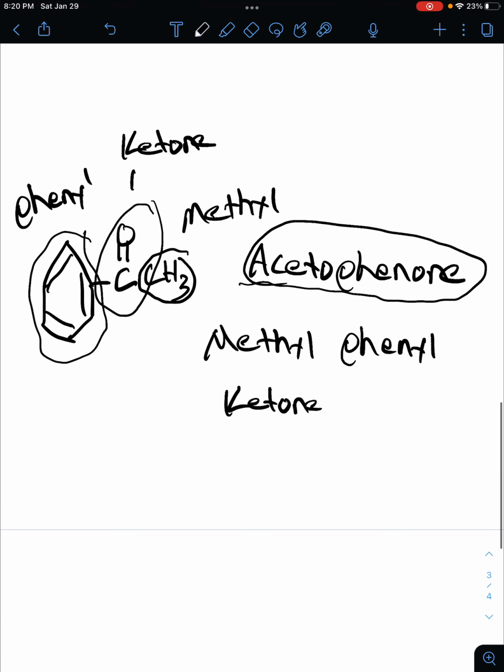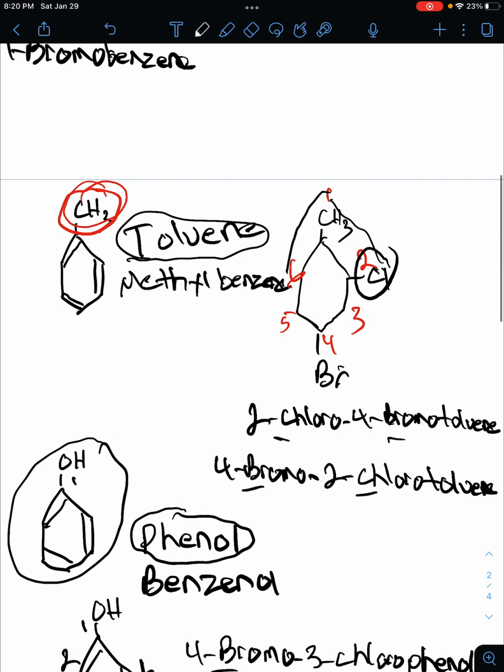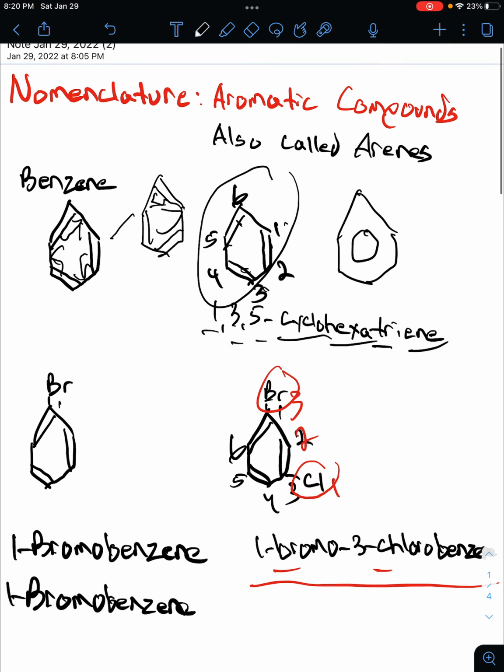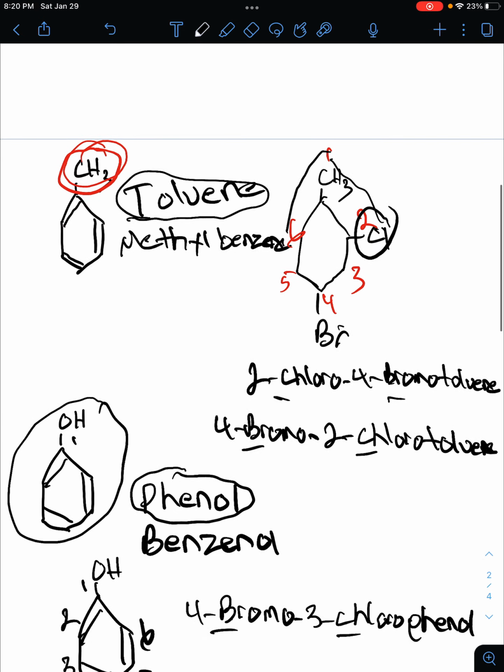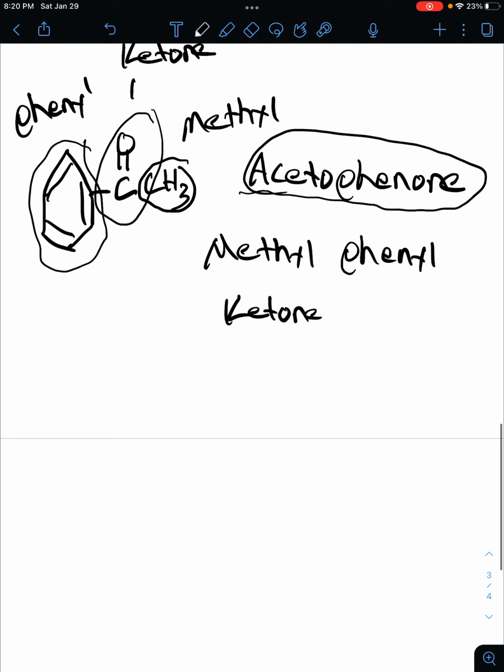But the common name is acetophenone. And you can look these up and probably get a more comprehensive list of the common names of some of these compounds. But just to get you started, we'll do one more here that is well known as well.